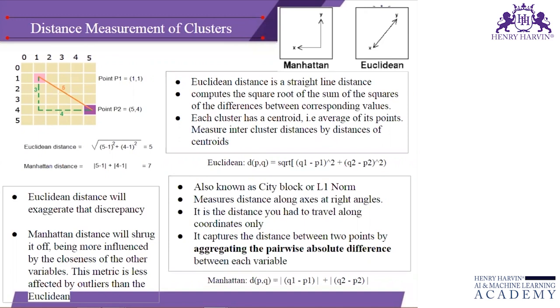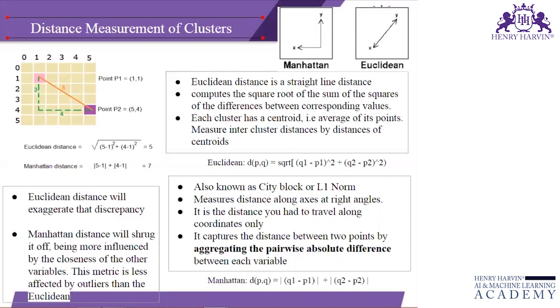It will measure the distance by the right angle of each of the triangles. It captures the distance between 2 points by aggregating the pairwise absolute difference between each variable. So as you can see in the example also, it does not take the square of the values. It takes the absolute value for the distance calculation.